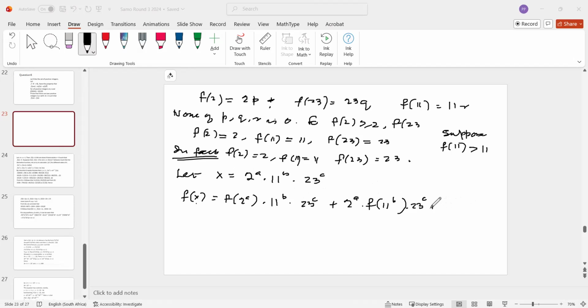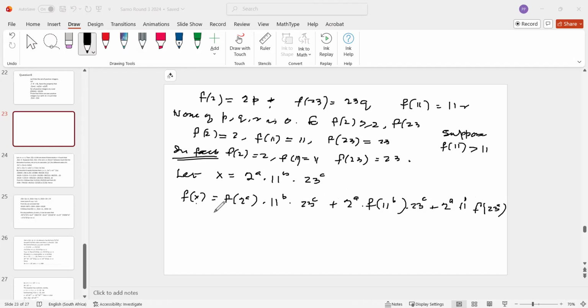And then finally, I have 2 to the a times 11 to the power of b times f of 23 to the power of c. So I can apply f to the first, apply to the second, and to the third.